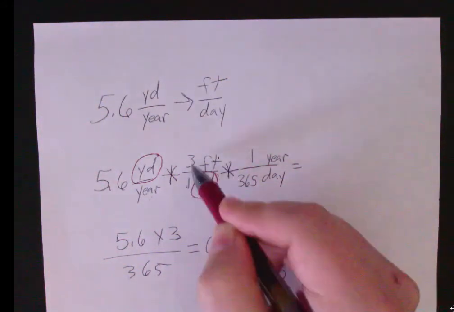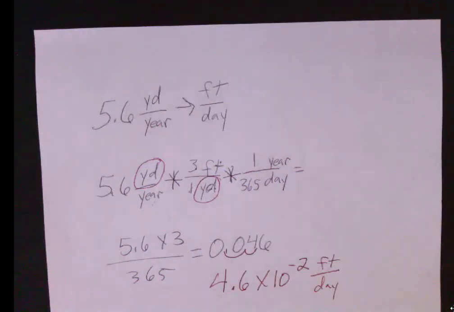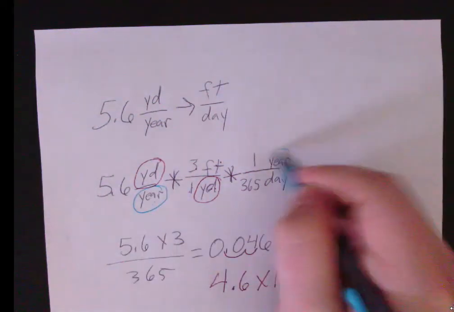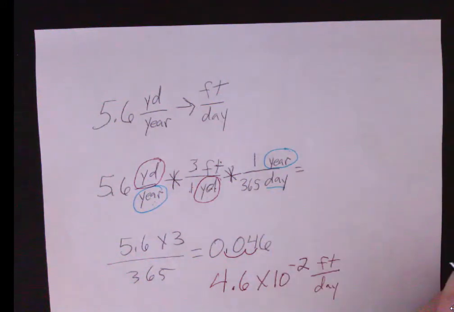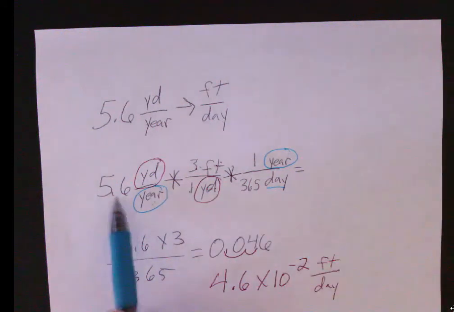Well, for 1 yard, there are 3 feet, so you can just add in those numbers. And whatever is on the bottom, you want to move it to the top so that you can cancel them out. And then you want to divide it by what you want to replace it by. And then you can just do the math. So you go 5.6 times 3, divided by what's on the bottom, and you can get your answer.